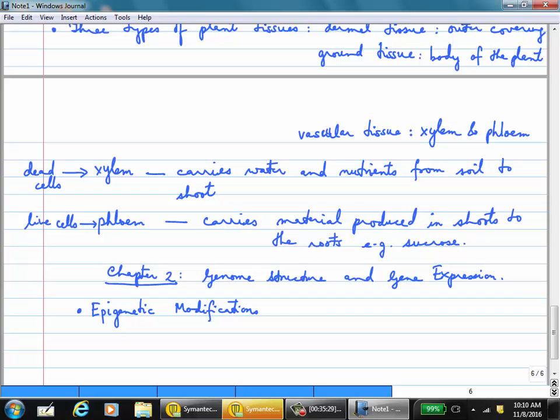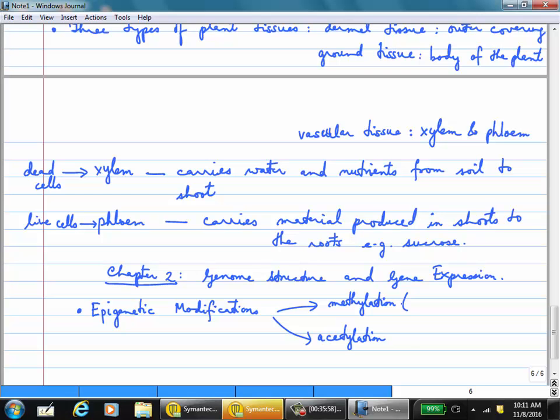They are not genetic modifications. Two examples of epigenetic modifications are methylation, which means addition of a methyl group, and another example is acetylation, which means the addition of an acetyl group. Now, usually you'll find methylation in the case of DNA and also of histones. Anybody remember what histones were?